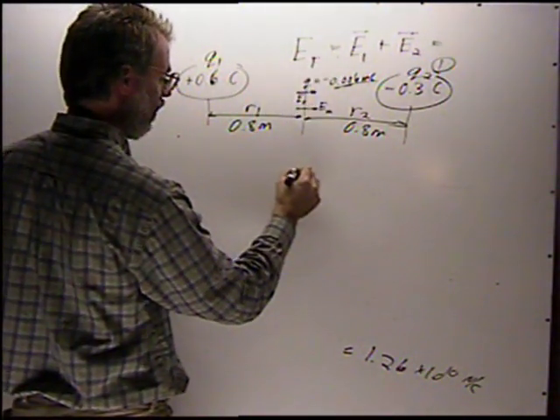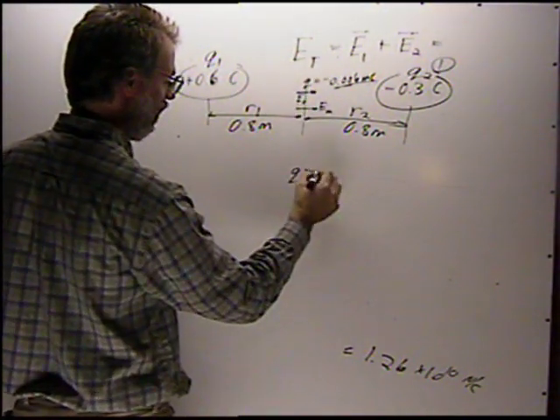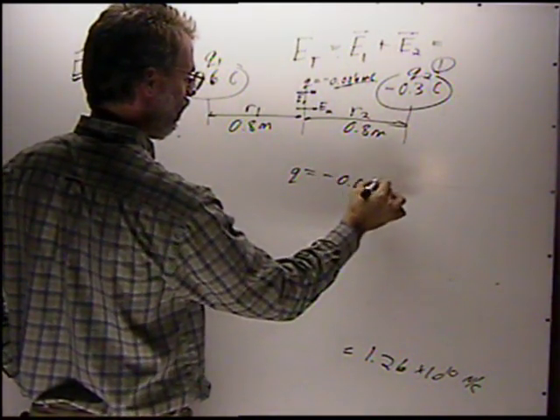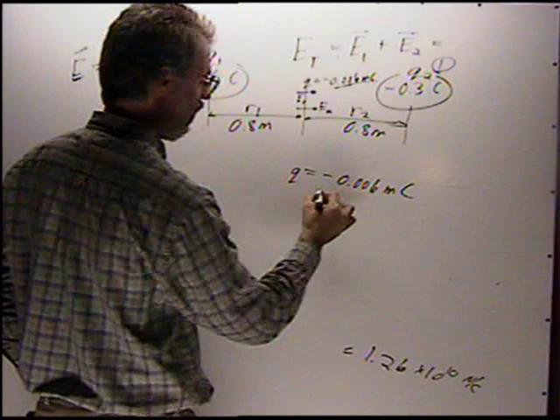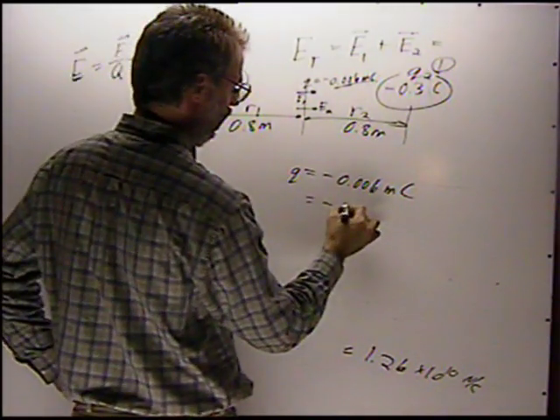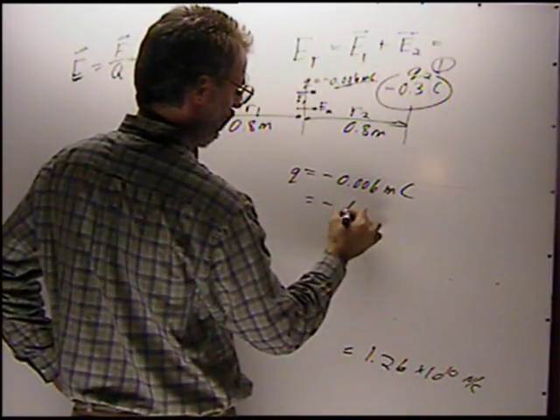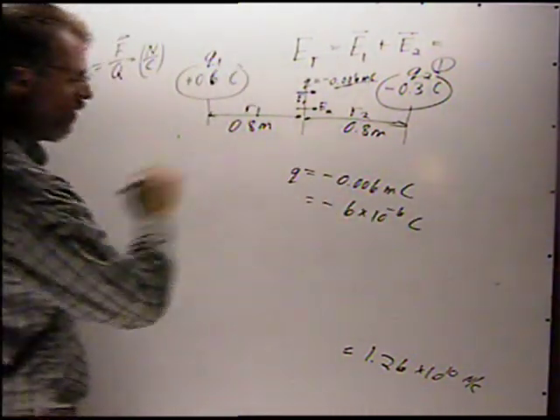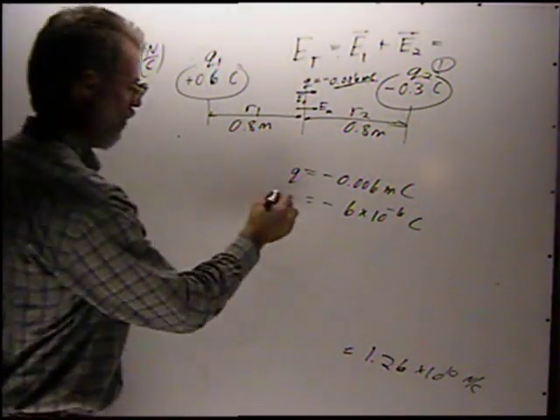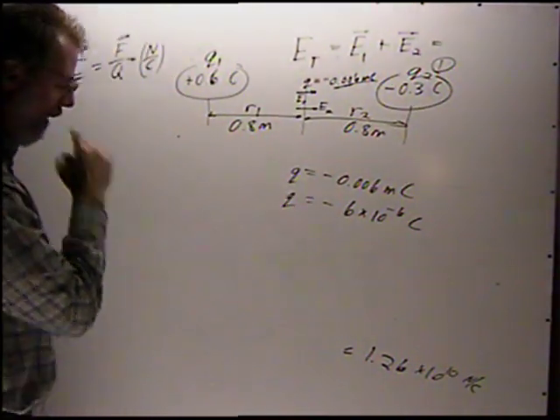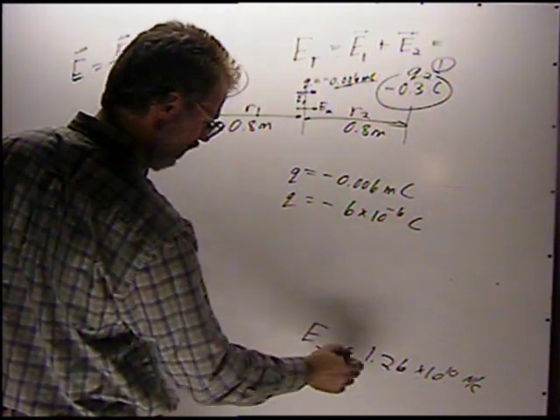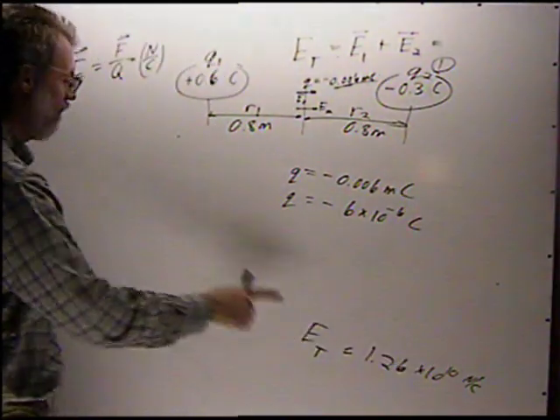So we drop a little charge. I'm just going to write it again. This little negative charge, 0.006 millicoulombs, is the same thing as 6 times 10 to the minus 6 coulombs. Now remember that the total electric field is this.